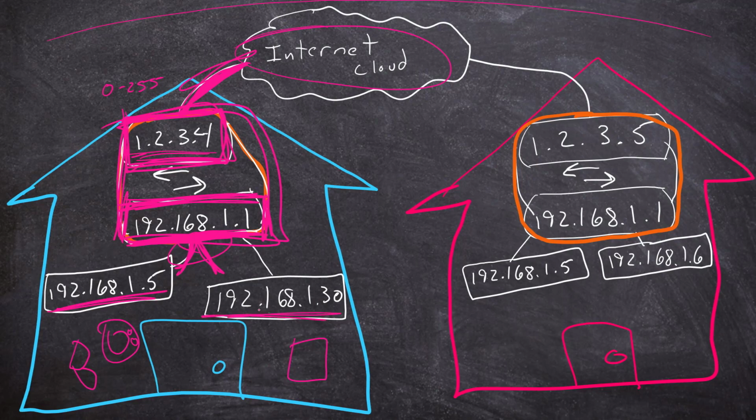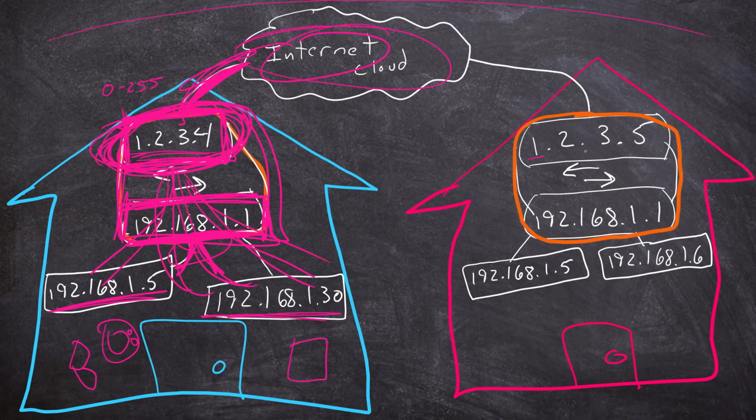You can have a television that has 192.168.1.30, and they all connect through a single IP address, and the router does the job of routing packets from the internet in through this single IP address and then into the various places inside your house. So every house only has to have one IP address that is actually connected to the internet, and the router does the job of deciding who inside your network gets all the packets that are going out.